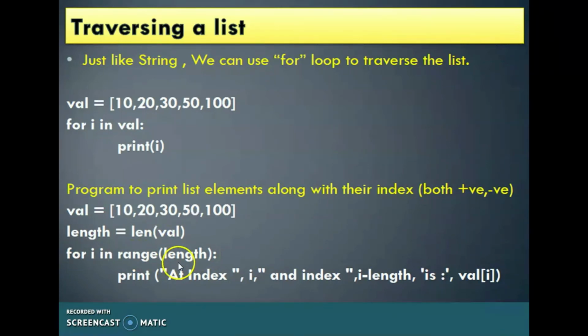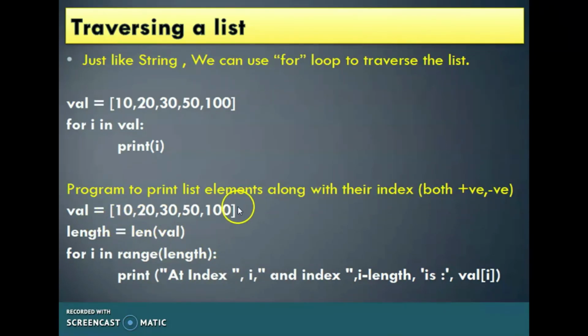During the first iteration, i is equal to 0. So here we can identify val of 0, that is 10. At index i, the 0th index, and index 0 minus length, where length is 5, 0 minus 5, that is negative 5, the value is 10.